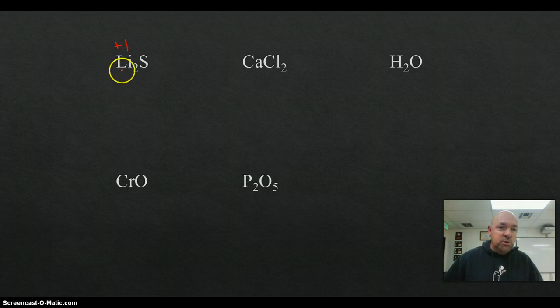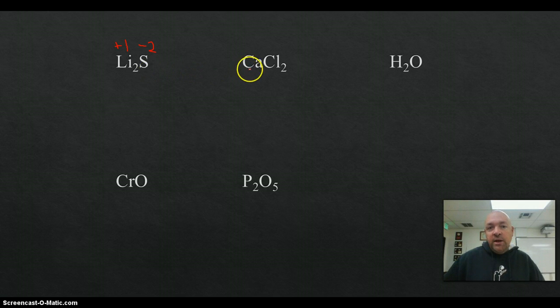Or if I wanted to set everything equal to 0, I could do that as well and come up with sulfur's oxidation number being -2. So that's one way I could do it. And again, the key thing with lithium is that instead of finding out the charge of lithium, it was a lot simpler to just realize, hey, lithium's an alkali metal, they're always +1, so right away I already knew it.